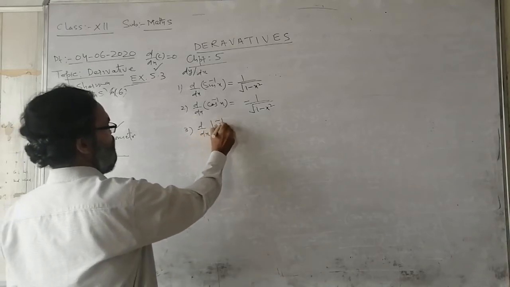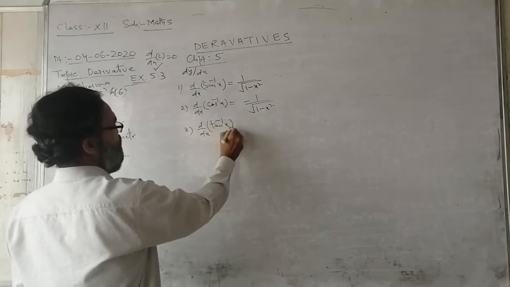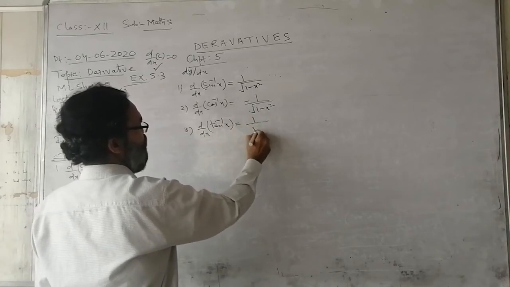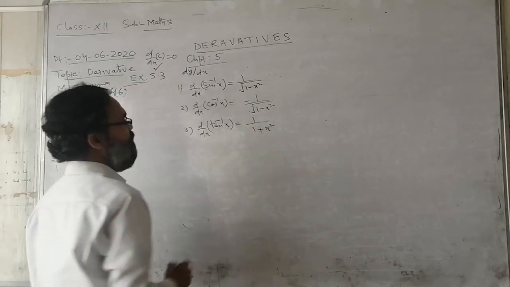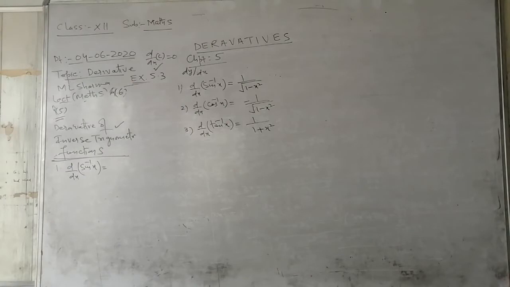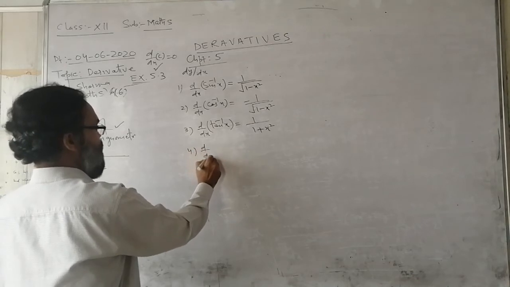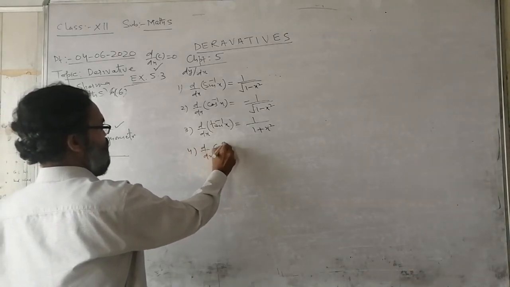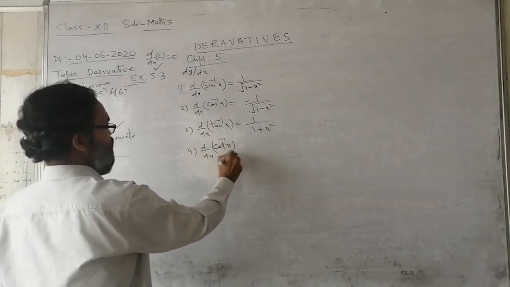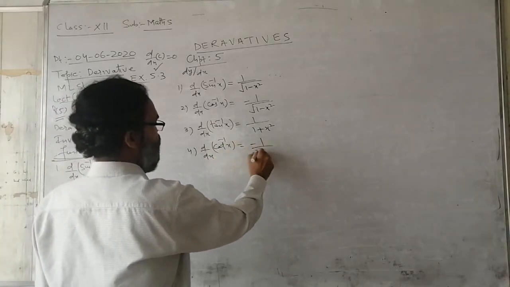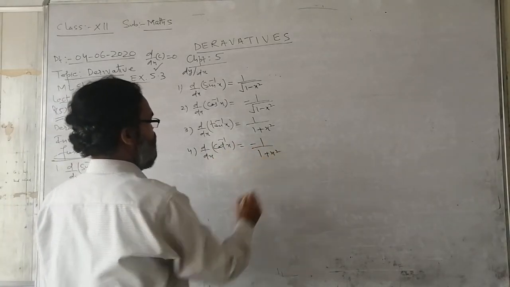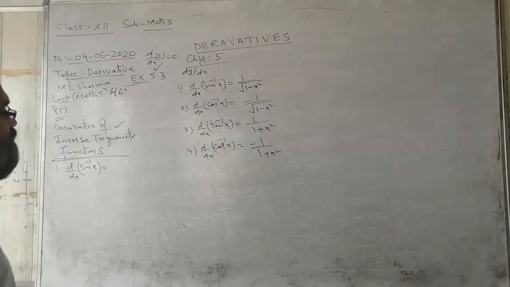The third formula, tangent inverse x. So this is 1 upon 1 plus x square. Fourth one, cot inverse x. This is minus 1 upon 1 plus x square.